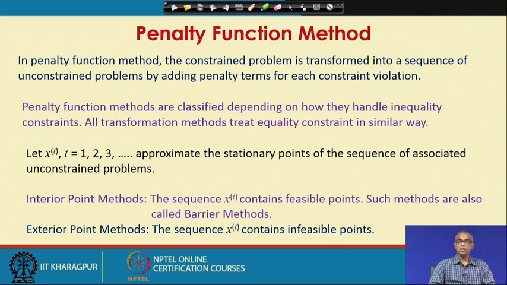We also call these methods barrier methods. In case of exterior methods, the stationary points for the sequence of unconstrained problems will contain infeasible points. So, interior point methods always contain feasible points as the stationary points for the unconstrained problems, but exterior point methods will contain infeasible points as stationary points for the associated unconstrained problems.